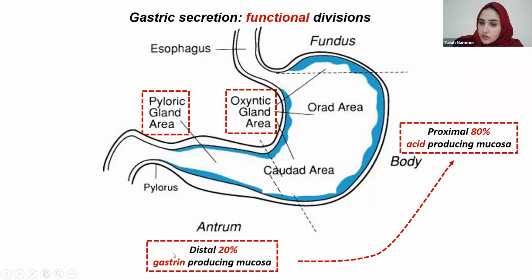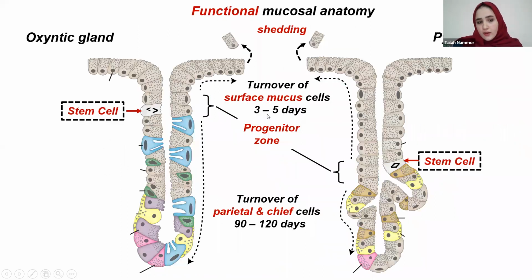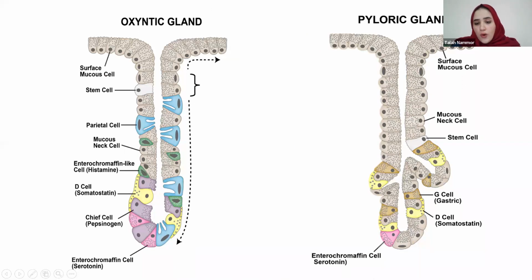This gastrin will go all the way up into the proximal area where we have the oxyntic gland, and then it will bind to the interchromaffin-like cell, which is the cell that releases histamine. Once the gastrin binds to the interchromaffin-like cell, it will bring about the release of histamine. This histamine will find its way to the parietal cell, bind to it, and cause the release of HCl.